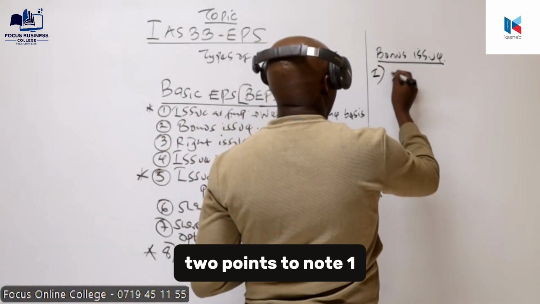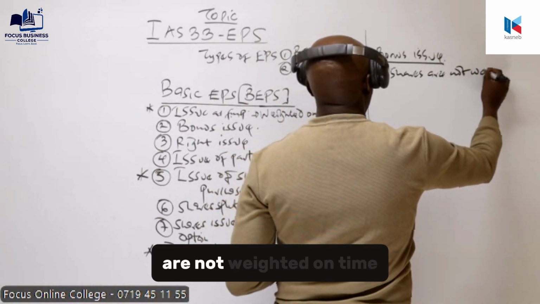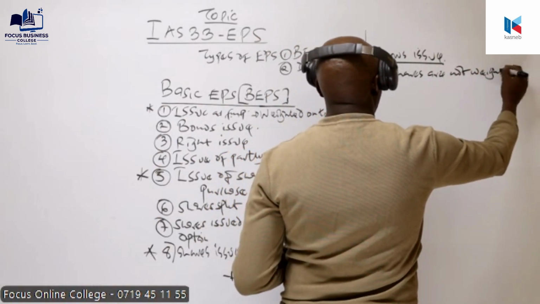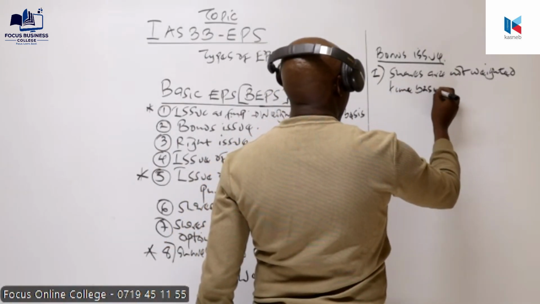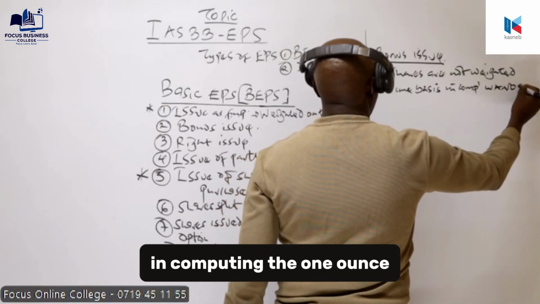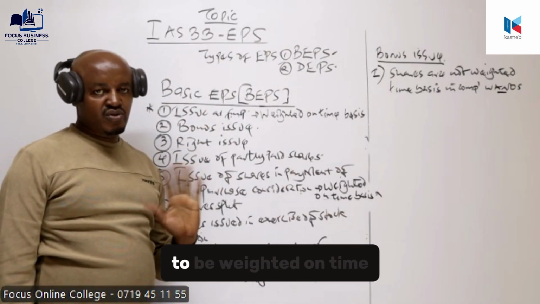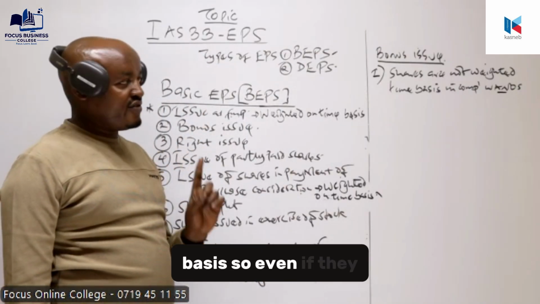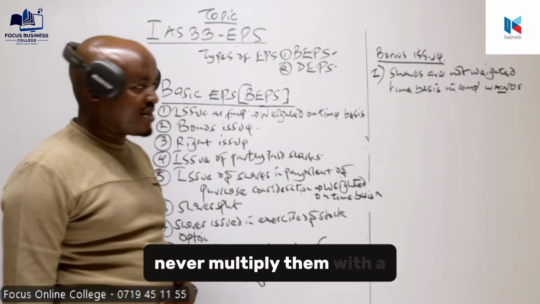One, these shares are not weighted on time basis in computing the EPS. So when computing the weighted average number of ordinary shares, those shares are not supposed to be weighted on time basis. Even if they are issued, for example, 2 months or 3 months to the end of the year, never multiply them with the proportion of time.